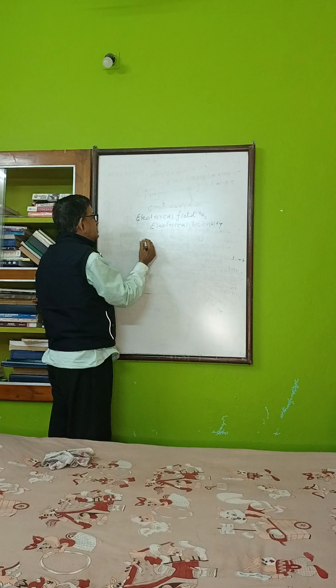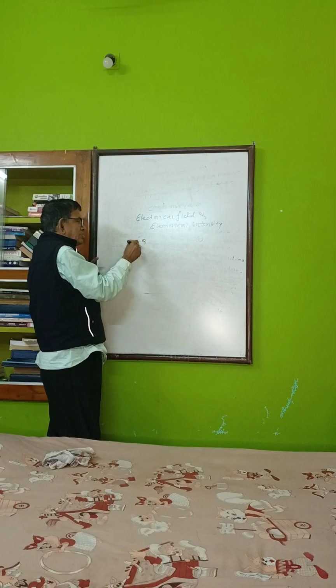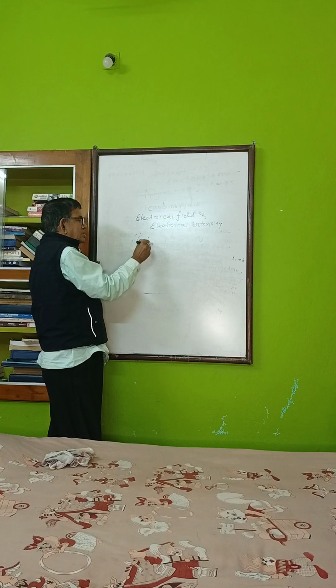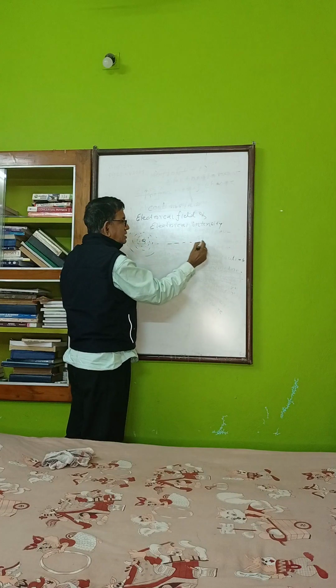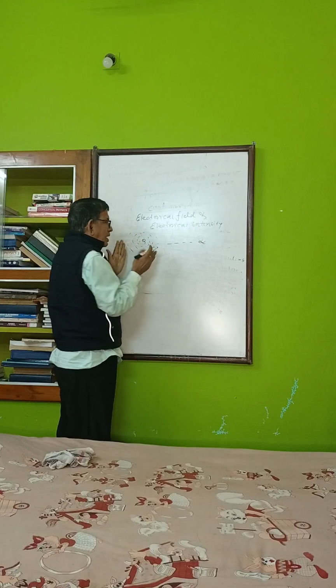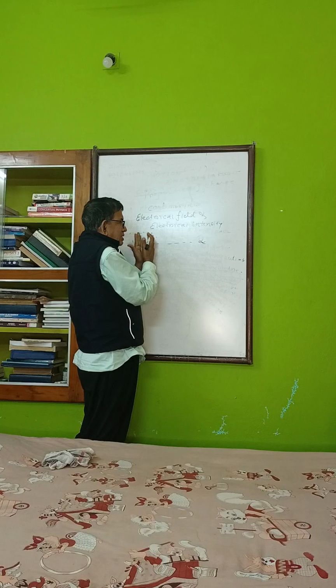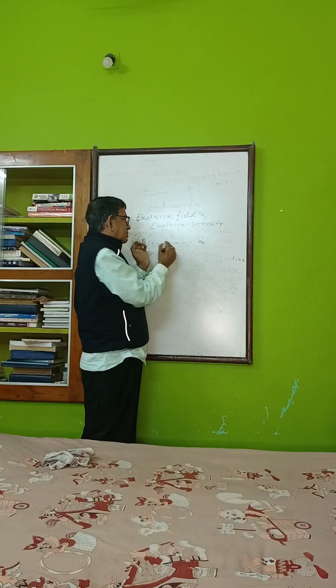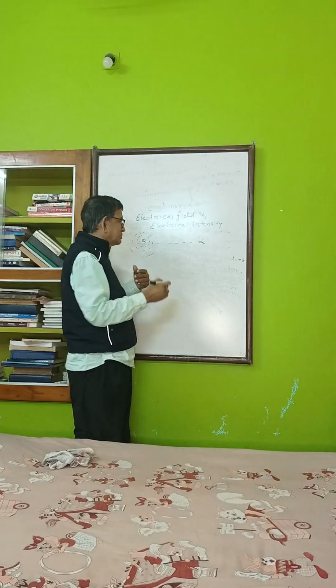Suppose you consider a charge Q. Surrounding the charge Q, we think this is the electrical field. It extends up to infinity. As you go far away from the source of the charge, the field reduces. The field will be weaker as you go far away from the charge.